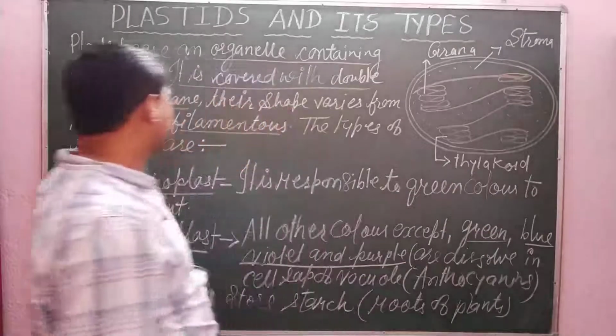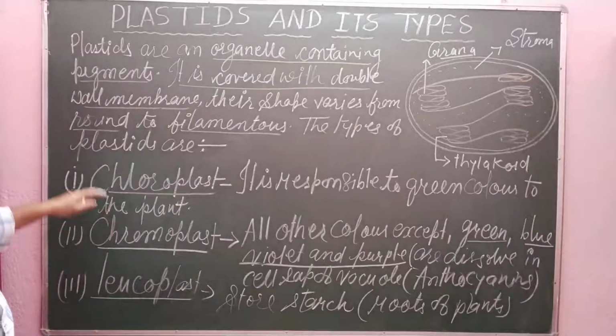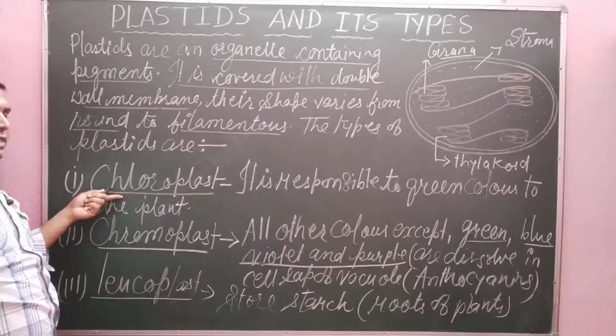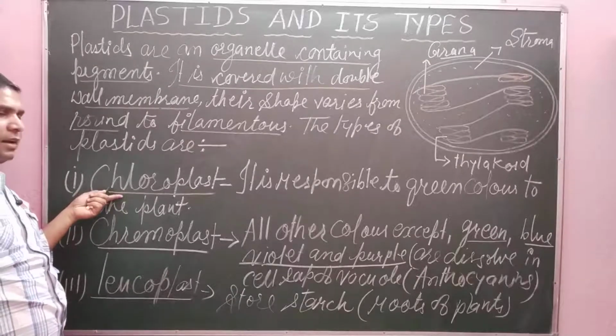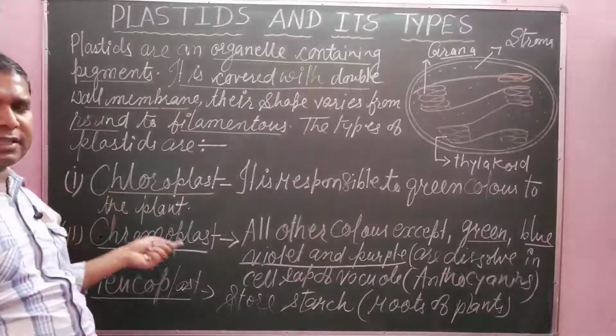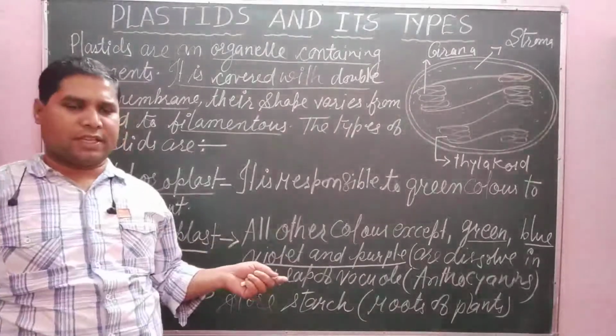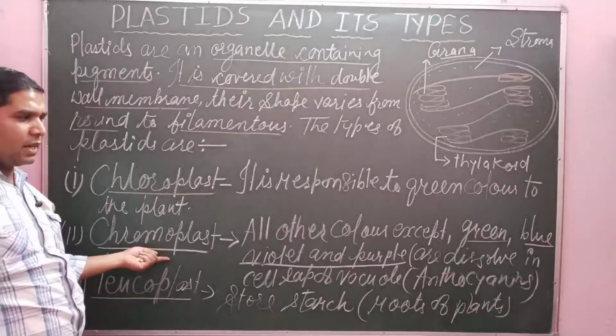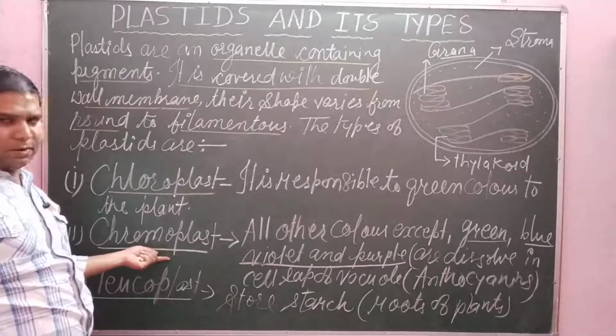So plastids are of three types: chloroplast, which is responsible to give green color, and green color is essential to perform photosynthesis. Chromoplast, which is essential to give all other colors except green, blue, violet and purple.